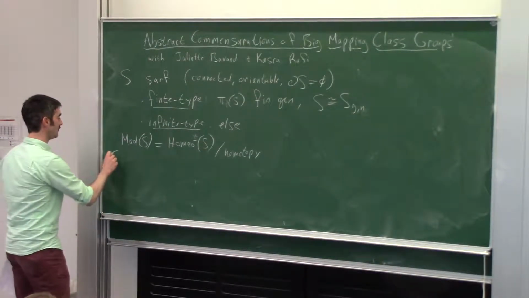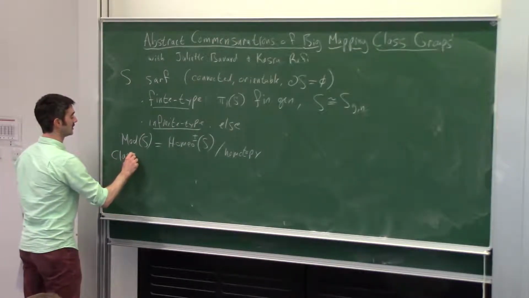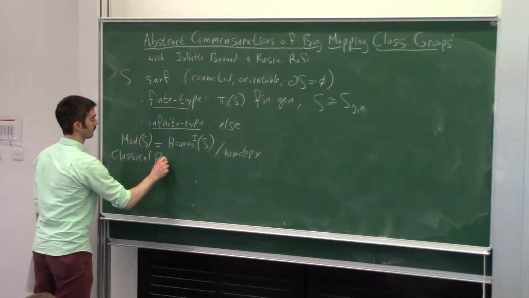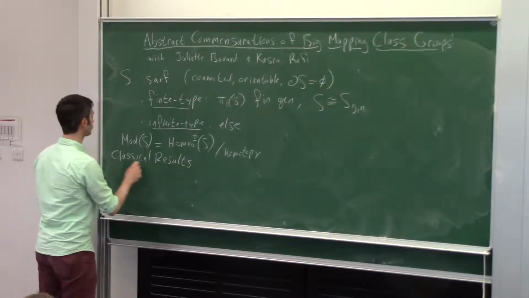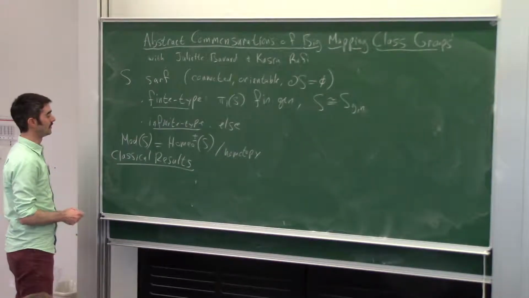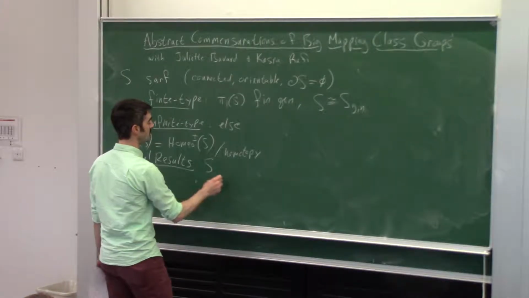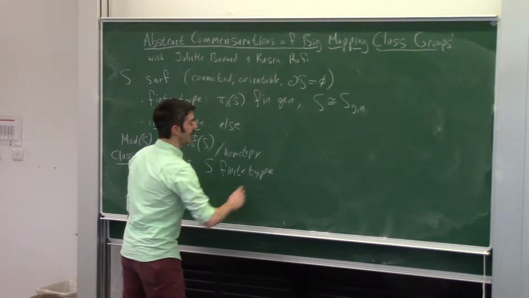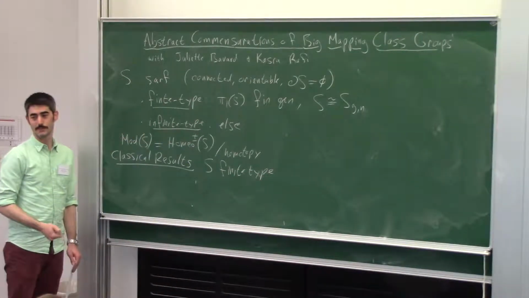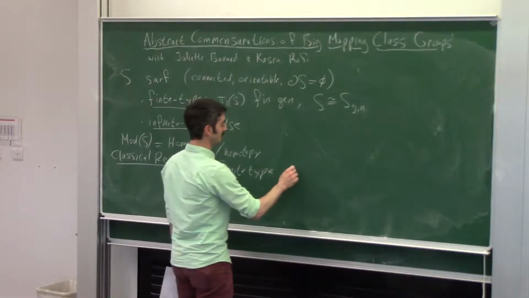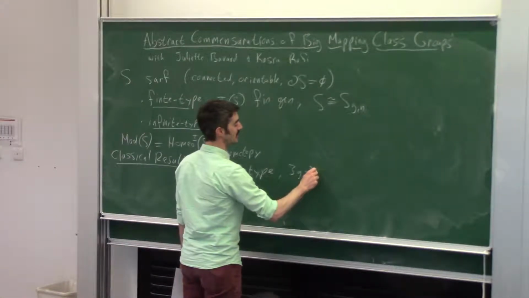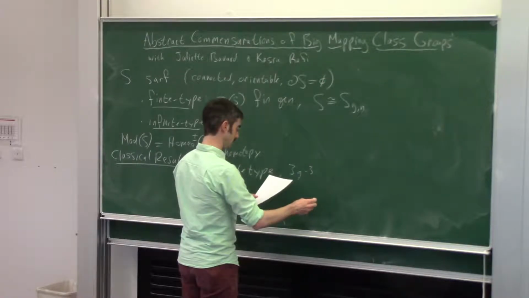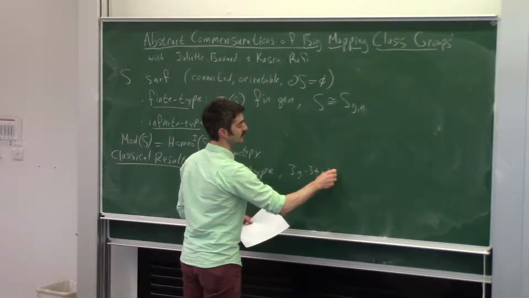Okay, so let me remind you of some classical results from the finite type world. Here, let's assume S is finite type. And just to rule out some exceptions, let me assume, to be safe, that 3g minus 3 plus n is at least 4.